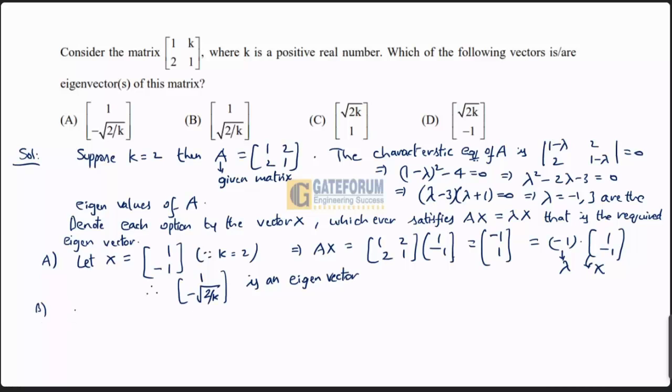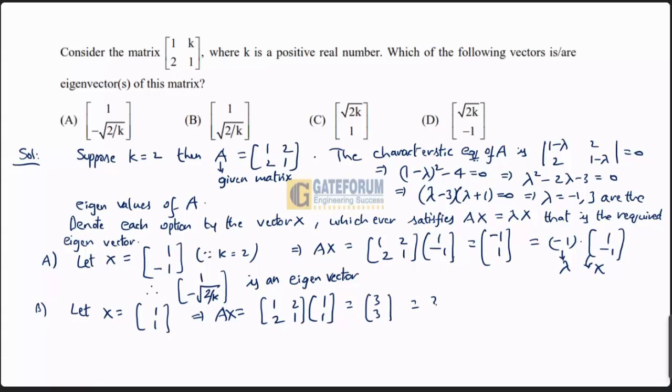Option B, let x is equal to [1, root 2 by k], with k value 2, that is [1, 1]. This implies A into x, [1, 2; 2, 1] into [1, 1]. This can be written as first row into first column 3, second row into first column 3.